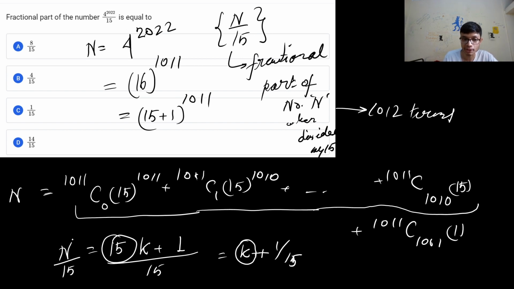So from that particular scenario, we can talk about the fractional part.